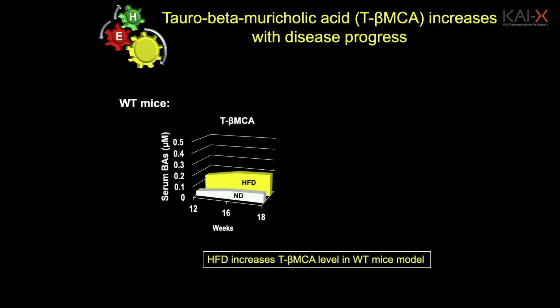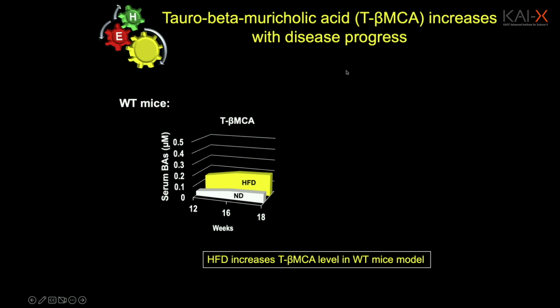I just want to say here is not all bile acids are equivalent. You saw that big panel of components. And so in particular, taurobeta-muricholic acid, so this is a rodent-specific bile acid, but it's known by many labs to be a relatively inflammatory bile acid because it causes inflammation.